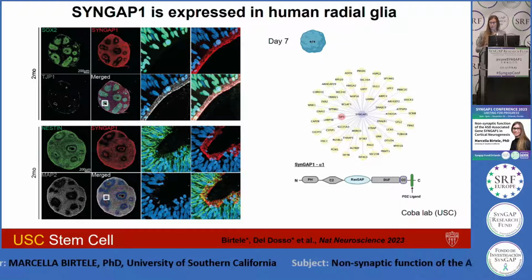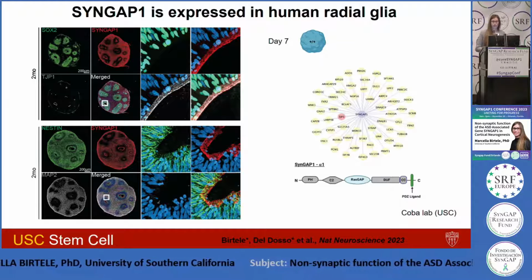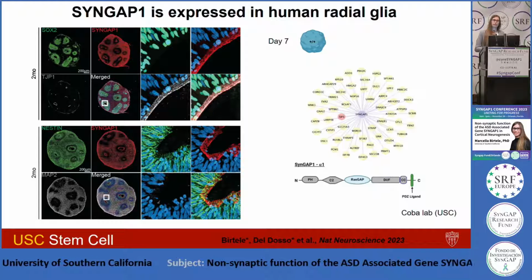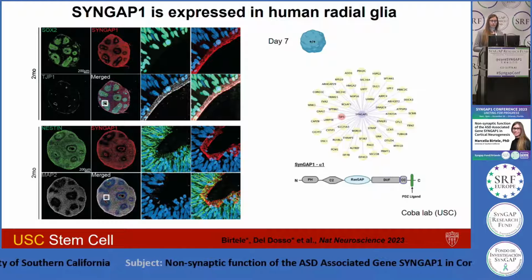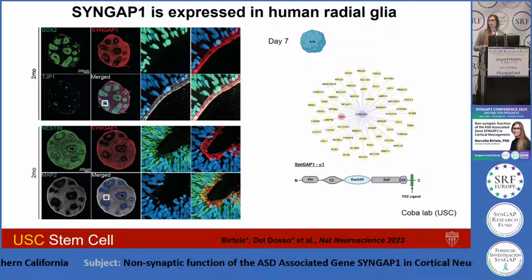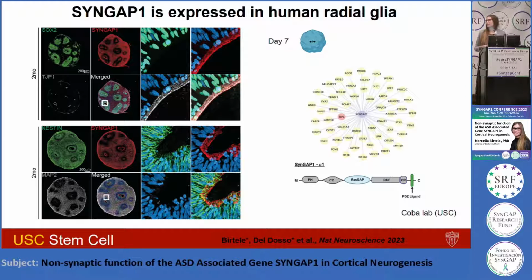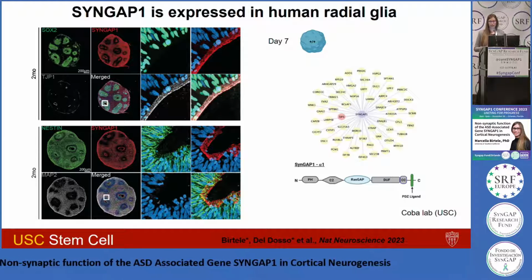So we also asked the Coba lab for some help with the proteomics, and we used day 7 organoids this time for having a homogeneous population of radial glia cells. And we confirmed the presence of SYNGAP peptides.